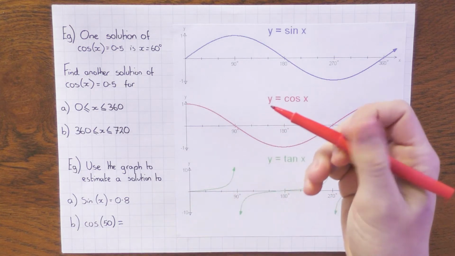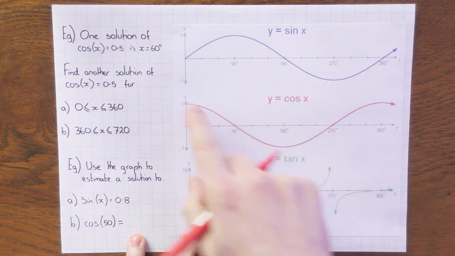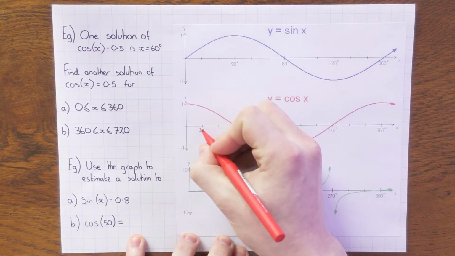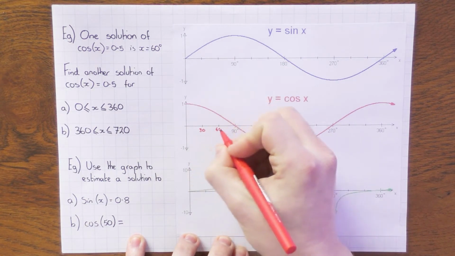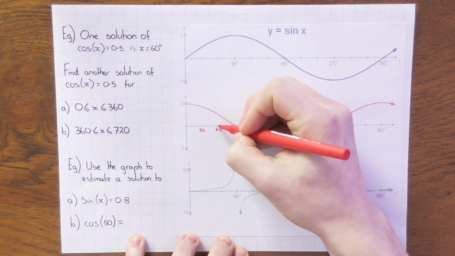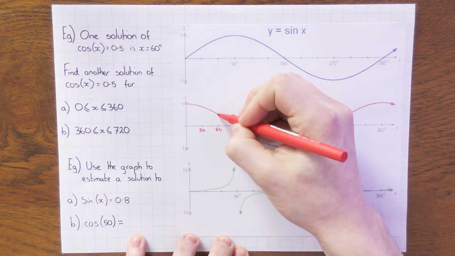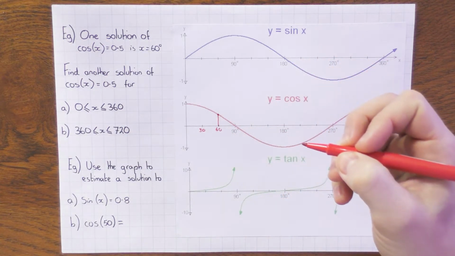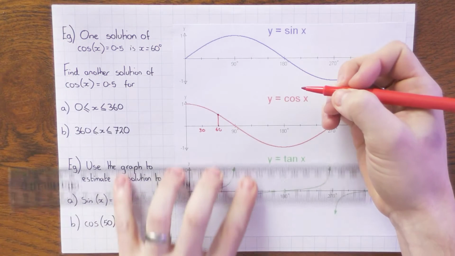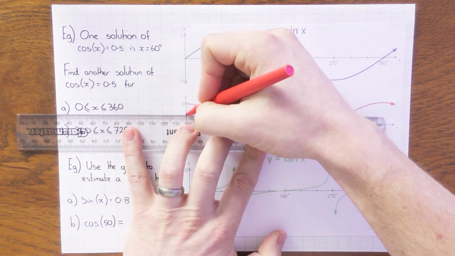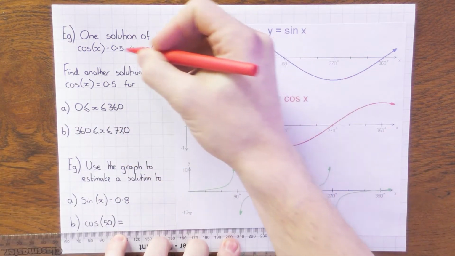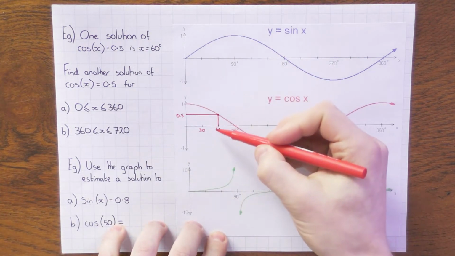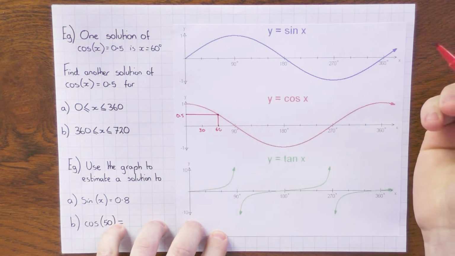What that means is that on my cos graph, if I put x is 60 degrees, so this has been deliberately split up, so 30, 60, 90, all that means is if I go up from 60 across here, so go up to here, have I got a ruler? Yes, I have. And then go across, that means I have my 0.5. This is all just not to scale, but you get the idea. 60 degrees going up and across to 0.5.